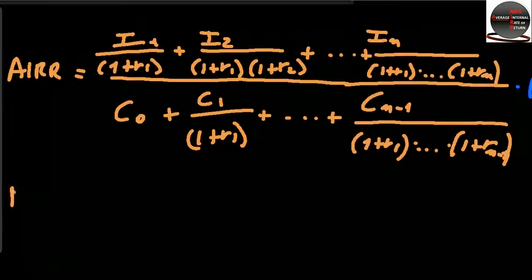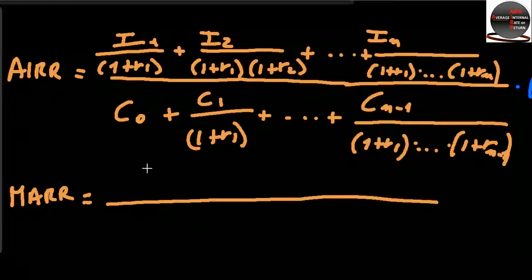So if we want the MARR, let us call it the minimum attractive rate of return, or overall cost of capital, as you prefer, we have the same ratio, but instead of the project incomes we have the market return. The first market return, if we invested C0 in the market, would be R of 1 times C of 0, and we discount back by 1 period.